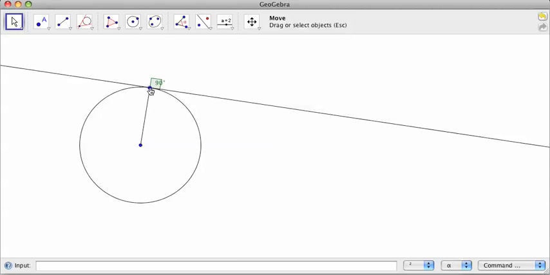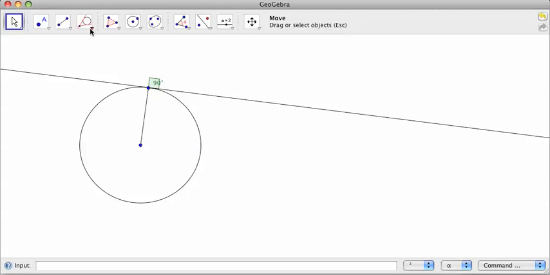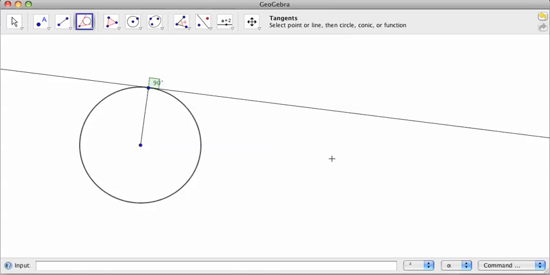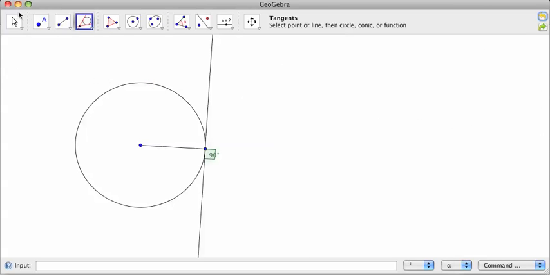Now the third thing you need to know is, let's put in another tangent in here. Whoops, we need a point. So let's put a point in here somewhere. And then put in another tangent. Okay.